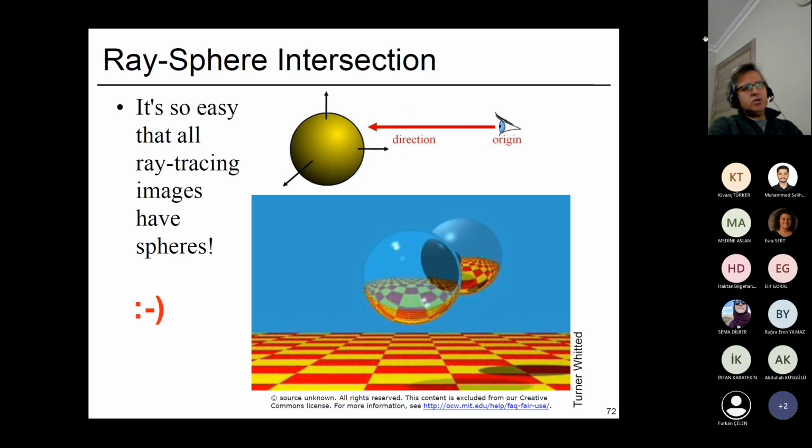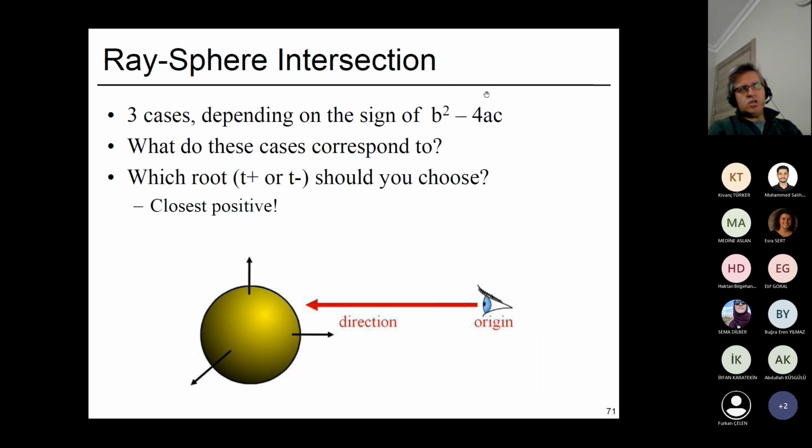So you can see that it's not a surprise that it is so easy to do this with spheres, and most ray tracing algorithms will show you the results with spheres. This is the advantage: you can find the intersection of a sphere with your ray just as a solution to this equation. You just check this number.